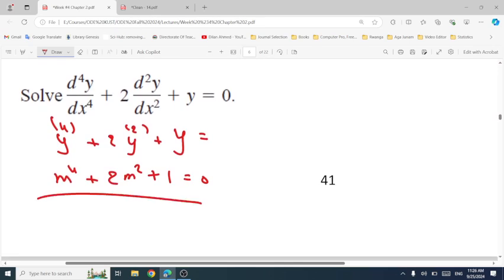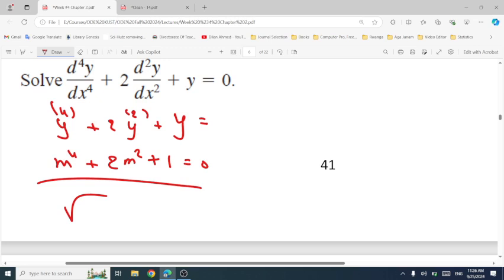You can also solve this one as a formula. If I change m squared, if I substitute m squared as a, I'll get what, guys? Listen to what I say.